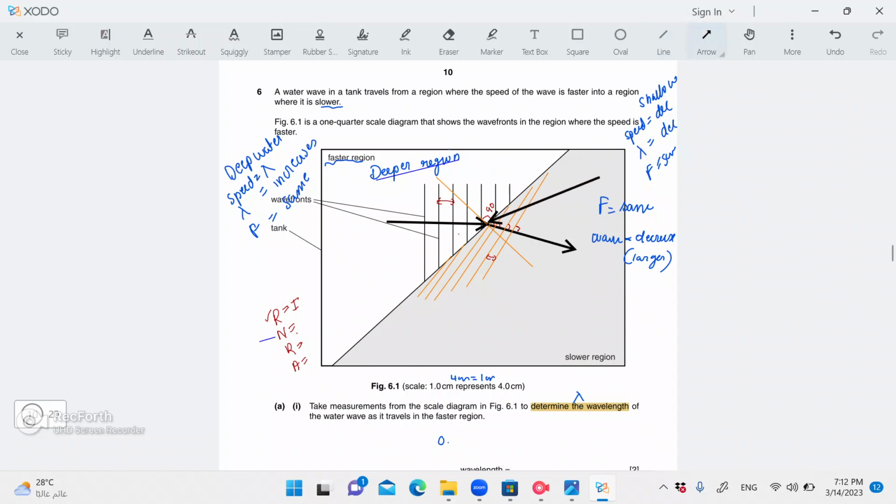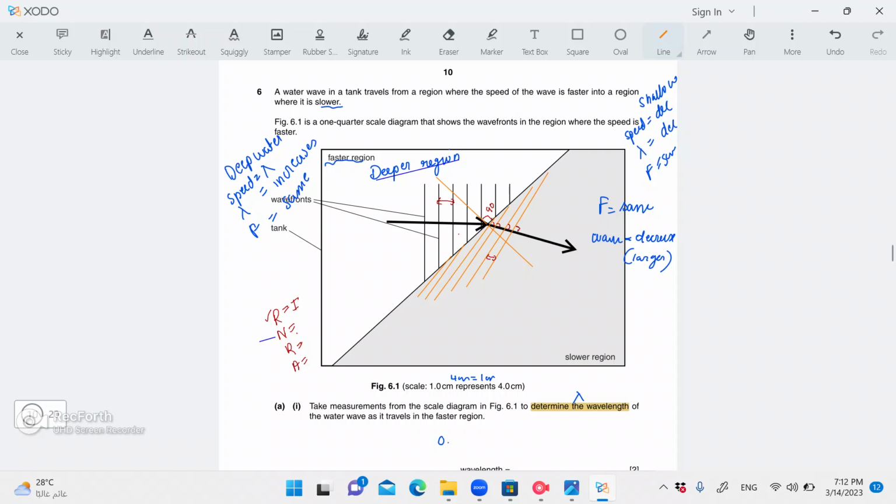If it is from shallow to deep, it will move away from the normal ray. And this wavefront you will draw perpendicular to the refracted ray.